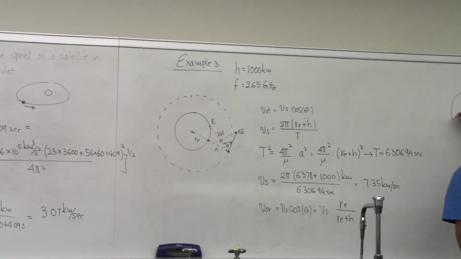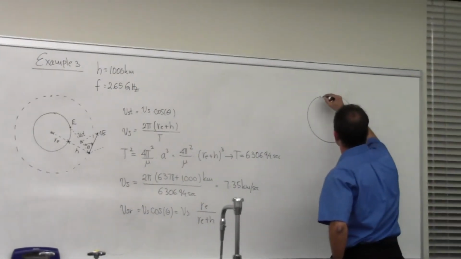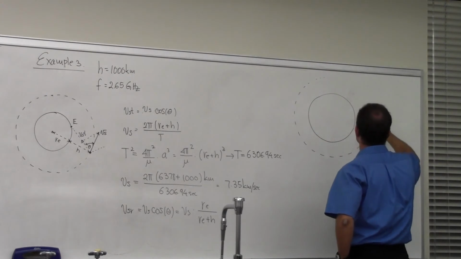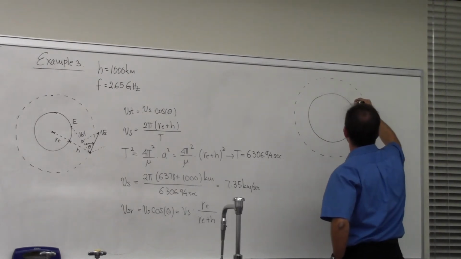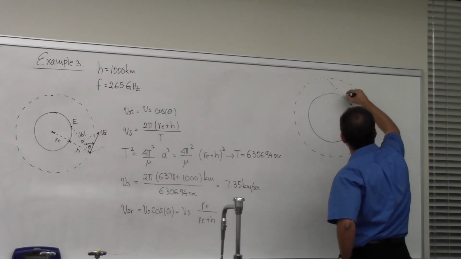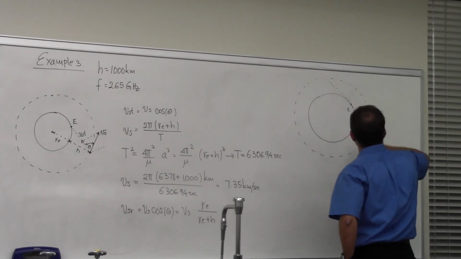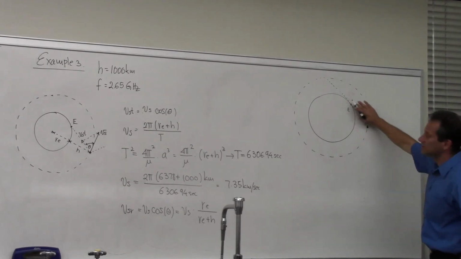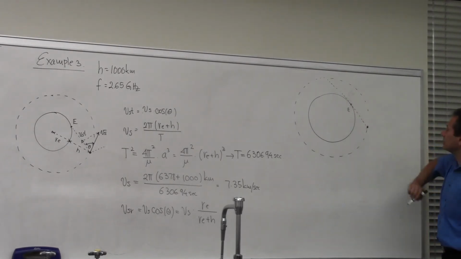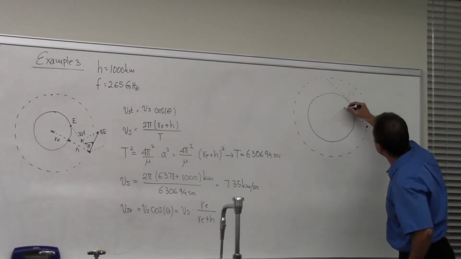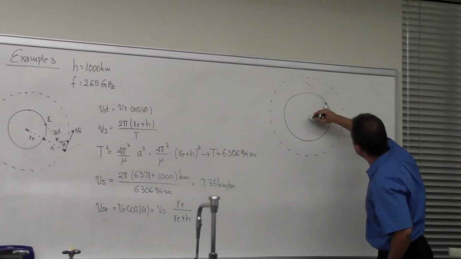is the largest. So let me redraw this a little bit so that you can see this is the satellite. Let's say this is the Earth station. So that's a tangential plane. At this point, the satellite is moving the fastest towards the Earth station, and the angle here is 90 degrees.